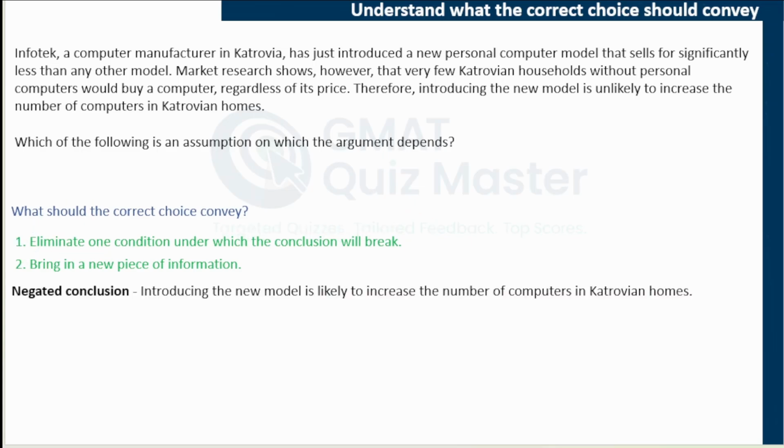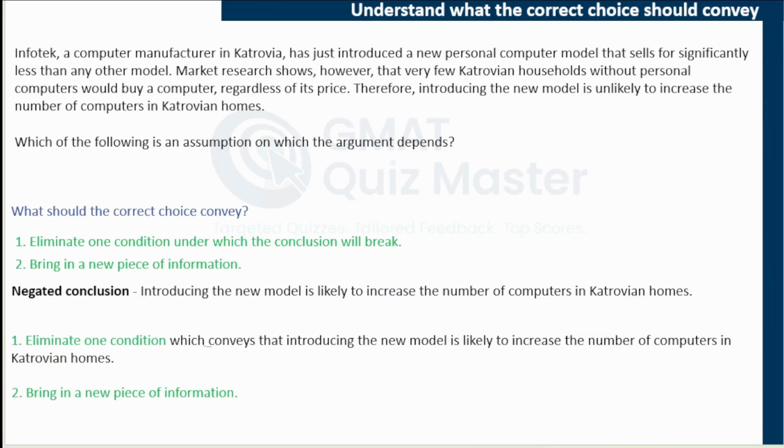So the negated conclusion here is introducing the new model is likely to increase the number of computers in Ketrovian homes. So what will the correct answer choice convey? The correct answer choice will eliminate one condition, which conveys that introducing the new model is likely to increase the number of computers in Ketrovian homes. See how we have replaced the negated conclusion here.